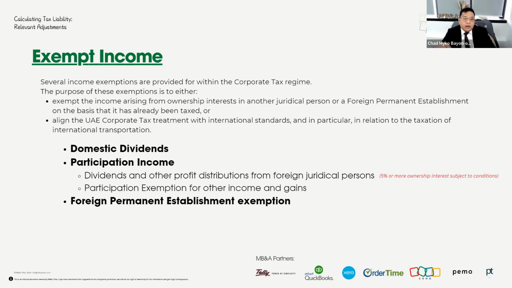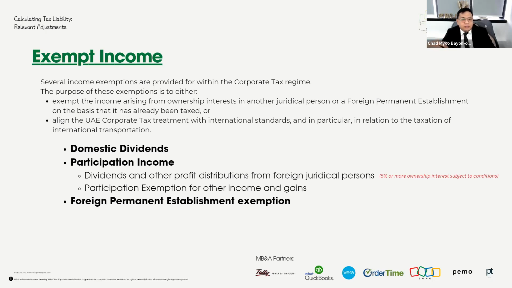So normally, for the UAE corporate tax calculation, those incomes that arise from ownership interest, meaning we have an ownership in other companies, normally for this case, the dividends or any profit distributions that we receive from this other company would not be taxed.